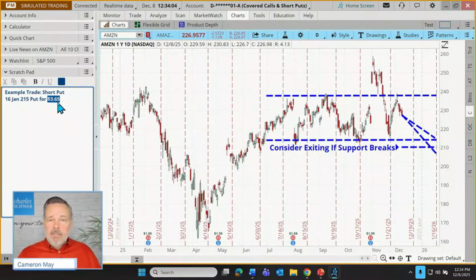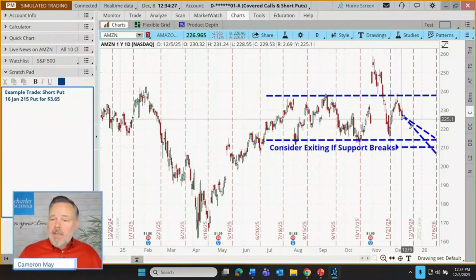No, we don't. We do have to pay 215 for those shares, that would be true. But on assignment, the $3.65 becomes a realized gain on the option. That's it. And then we just see what happens with the shares after that.